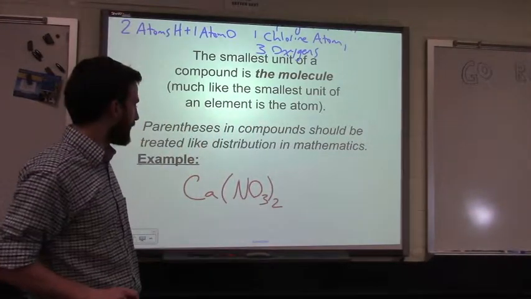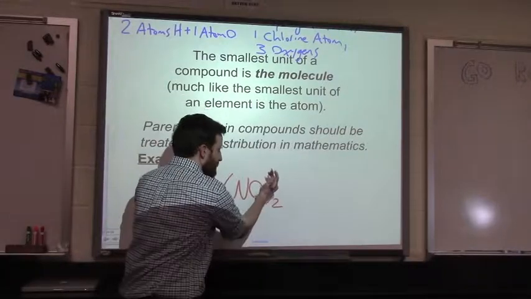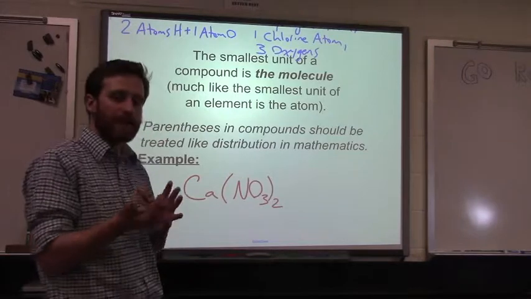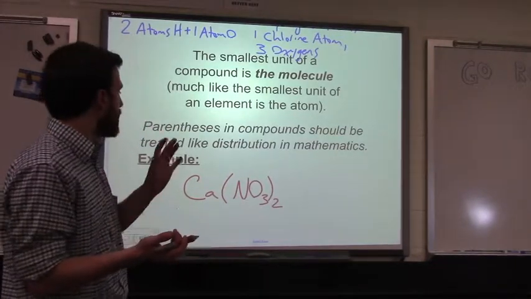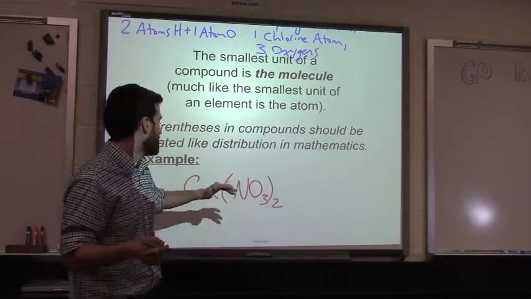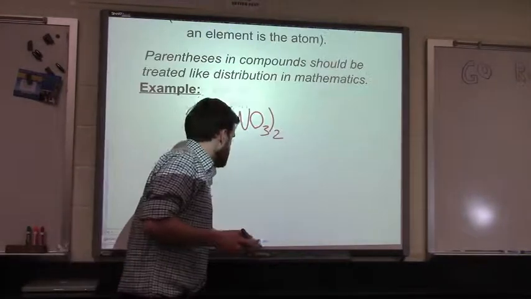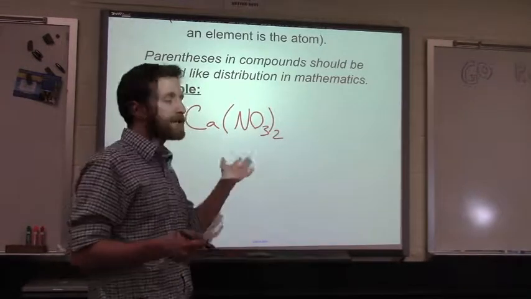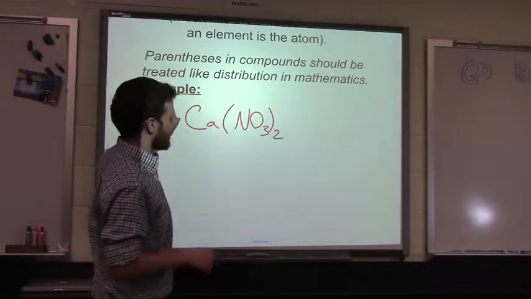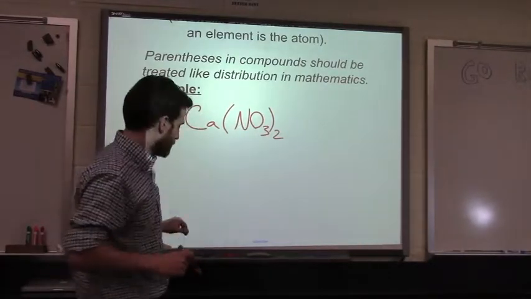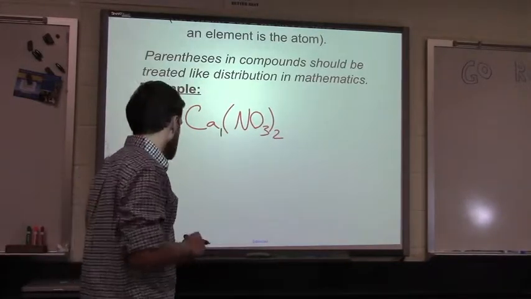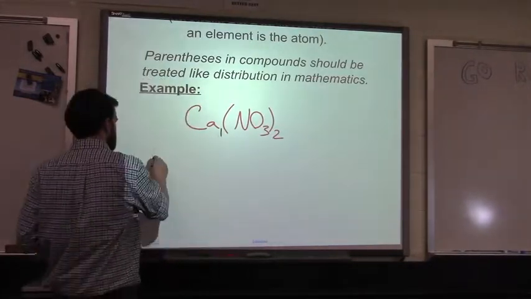So here I have NO3 in parentheses with the 2 on the outside, and I've got to know how to interpret this so that I can determine the number of atoms of each element in this compound. This is called calcium nitrate, by the way. So how many atoms of each element are in this compound? Well, Ca is a player outside of the parentheses, so he's just by himself, and furthermore, he's got no subscript after him, so I'm going to assume it to be 1. So I have that 1 atom of calcium.